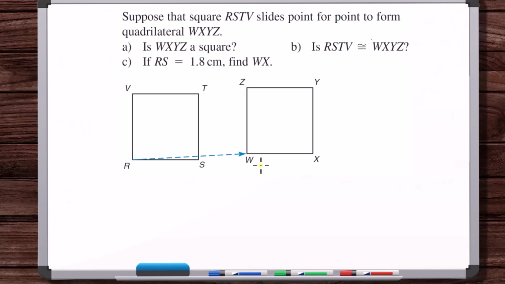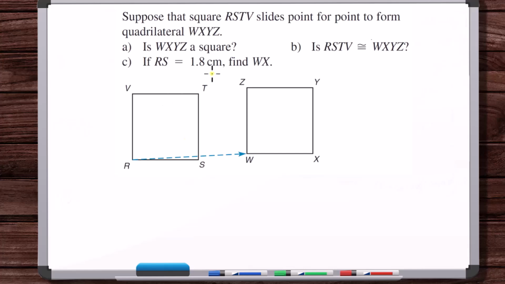But in general, if the transformation is more complicated, you reference the figure name. If the square RSTV was transformed into square WXYZ, that tells us that R corresponds to W, S to X, T to Y, V to Z. So you can look at the name as well.